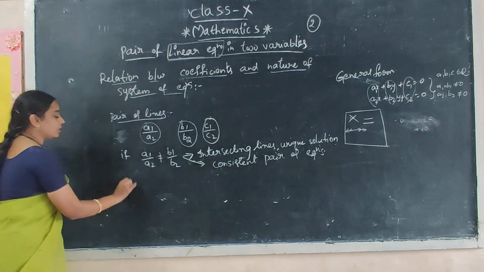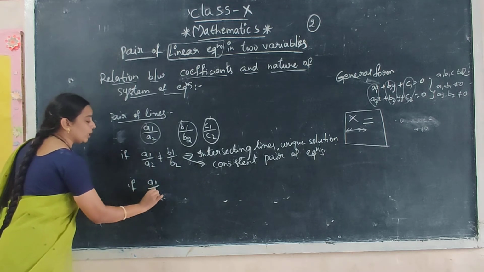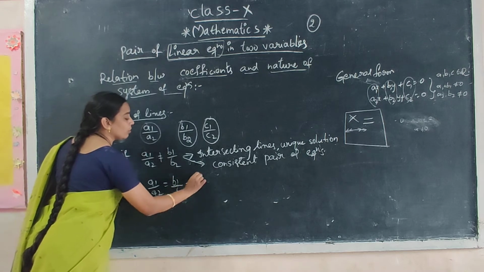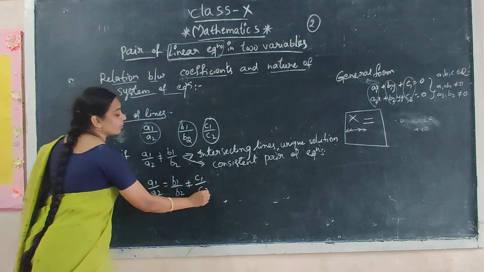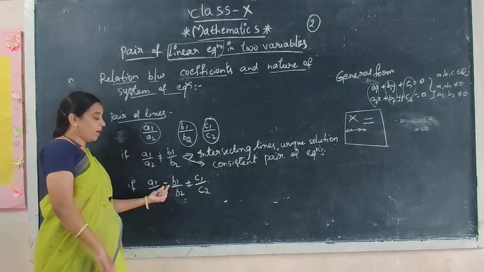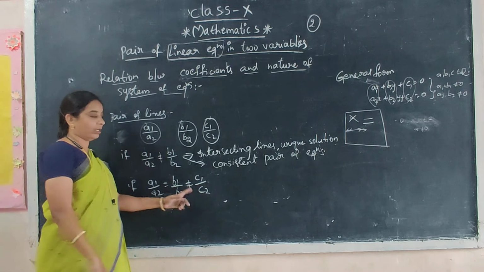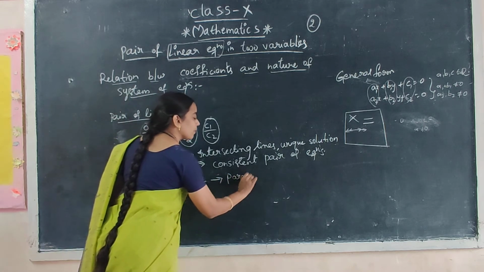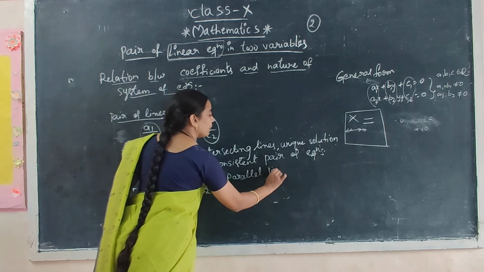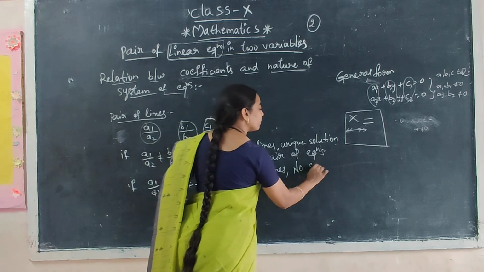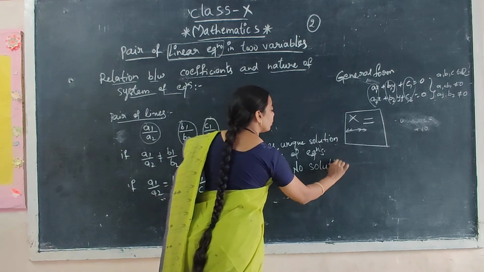Next, a1 by a2 is equal to b1 by b2 is not equal to c1 by c2. The first two ratios are the same and the constants are not equal. Then you will get parallel lines and there is no solution.